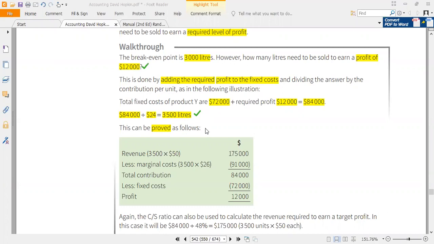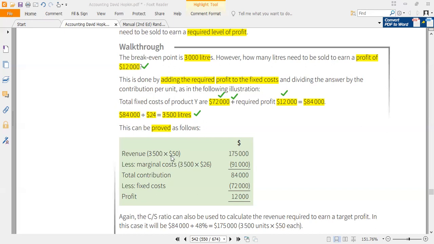So if you want to calculate break-even, simply fixed cost divided by contribution per unit. And if you want to calculate the required profit, you simply add whatever profit you want to earn to the fixed cost, and then divide by the same contribution per unit. The answer shows that if you sell that many liters, you will make the required level of profit.